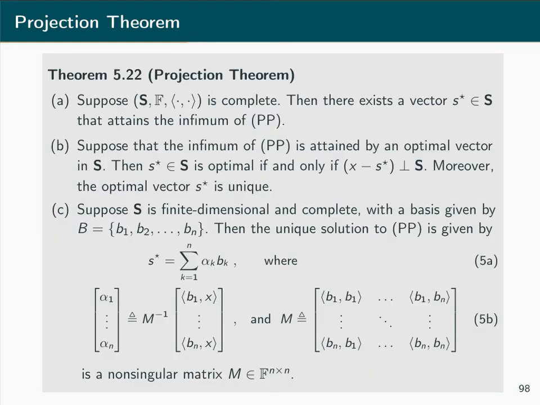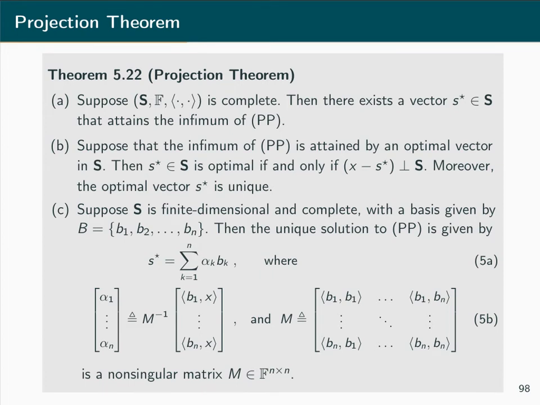Based on this definition of the projection problem, we now have the projection theorem 522, which is really one of the cornerstones of linear algebra. The projection theorem is structured into three separate statements, A, B, and C, which read as follows.